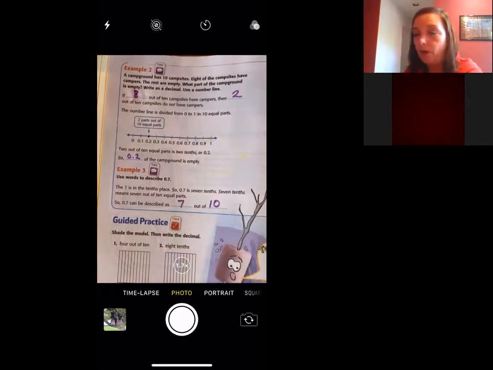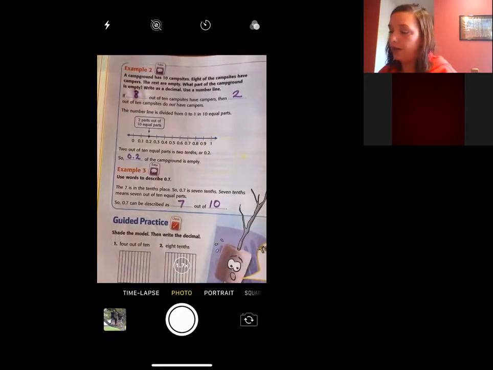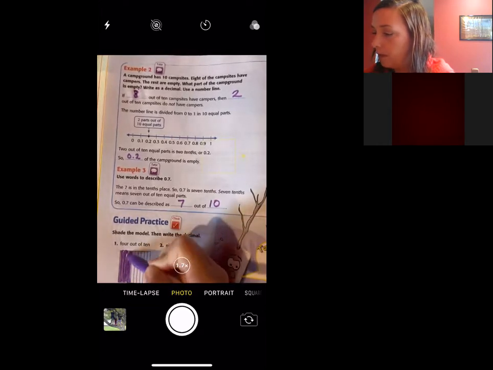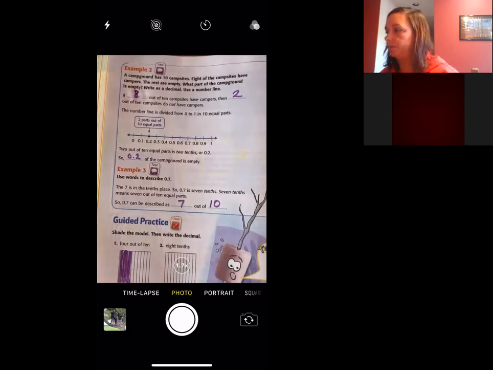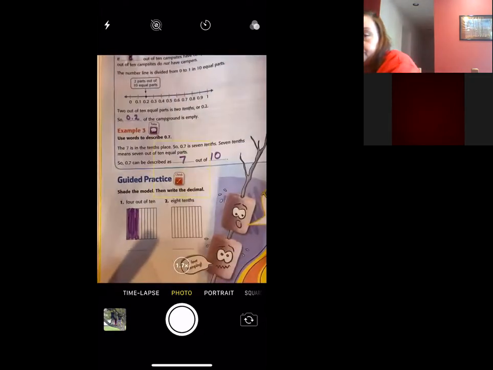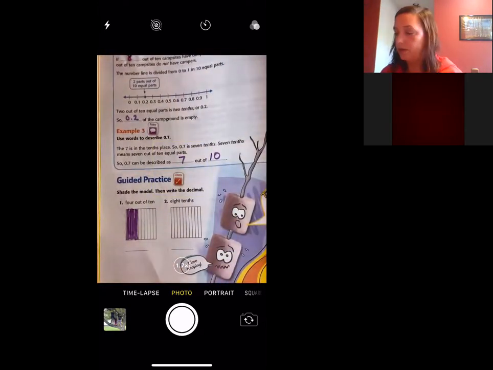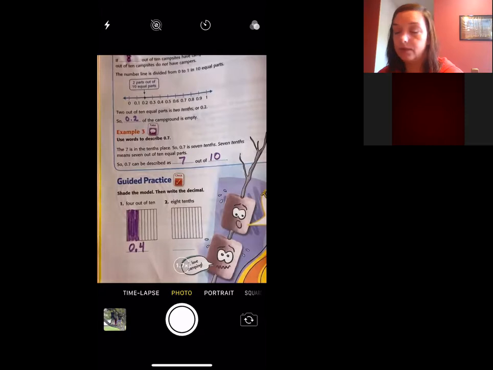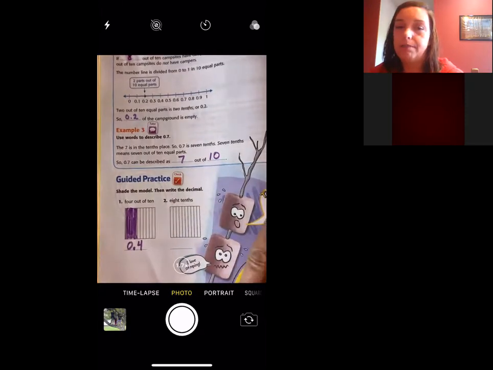So if 4 out of 10 need to be shaded, I'm going to shade 1, 2, 3, 4. And then I write that number. There's 0 ones, then my decimal point, and then I have 4 in the tenths place. So it's 4/10.